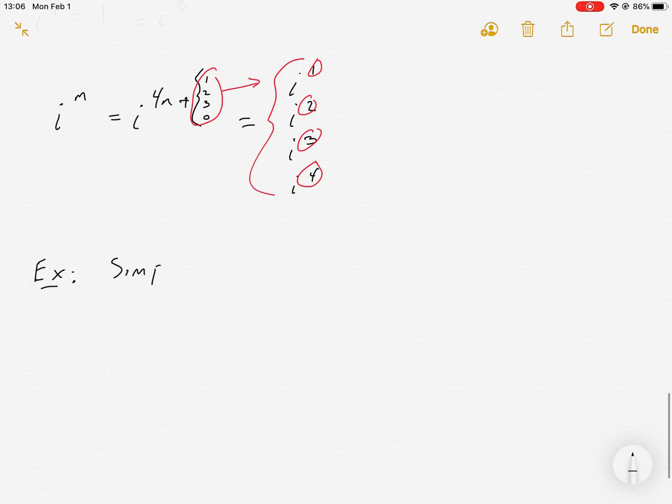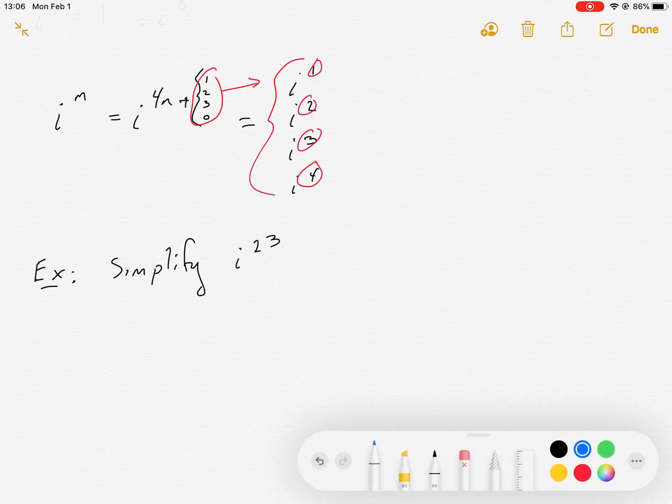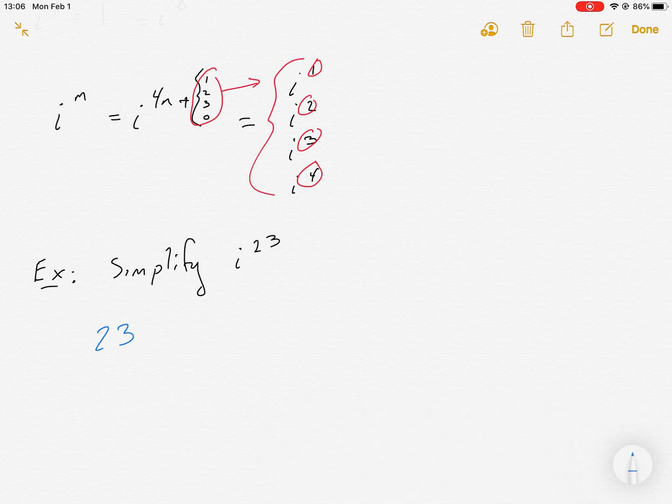Let's take a look at an example. Let's just say I had, simplify I to the power of 23. So here's what I'm going to do. I'm going to take 23 and divide it by 4. So if you divide 23 by 4, you should end up with 5 and a remainder of 3.